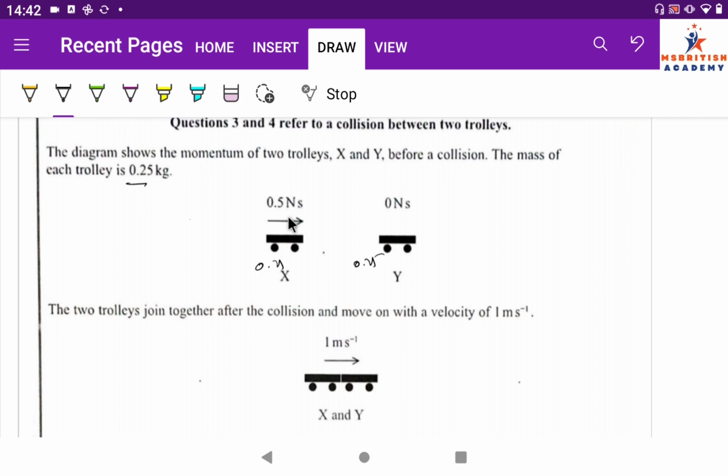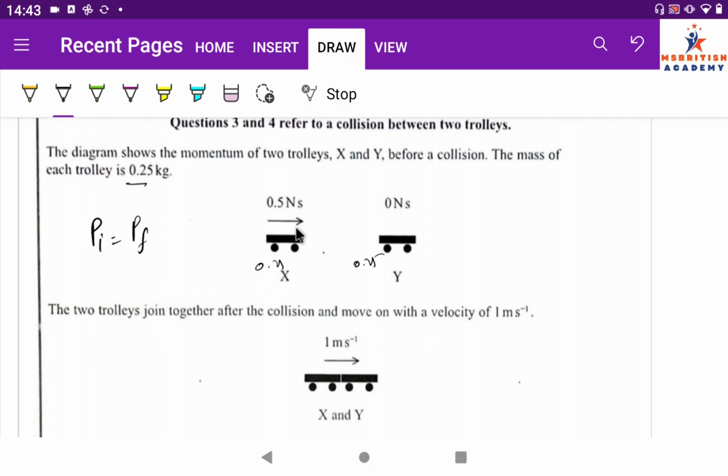Okay, and this trolley X is pulled by a force of 0.5 and this one is at rest. As we know, there is no external force, so the momentum will be conserved. P initial is equal to P final, the momentum initial is equal to the momentum final. The two trolleys join together after the collision and move on with a velocity of 1 meter per second.